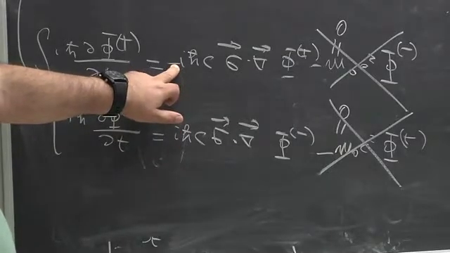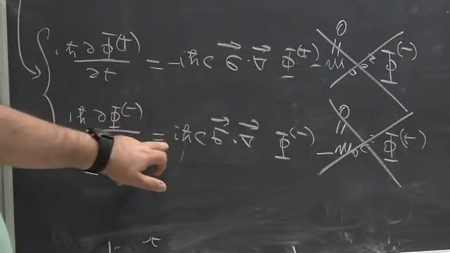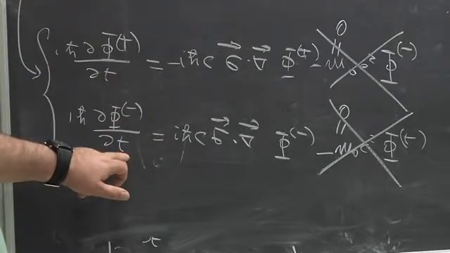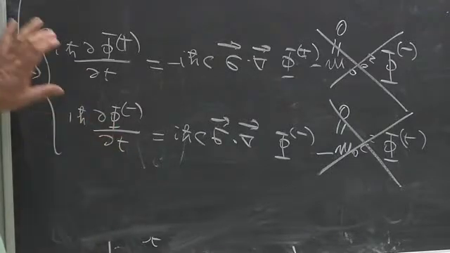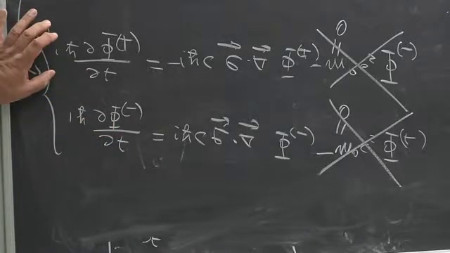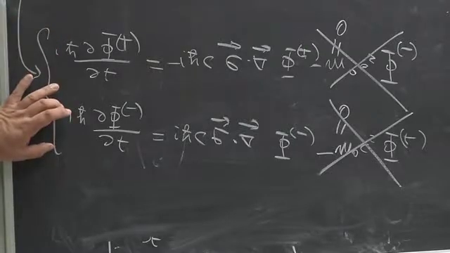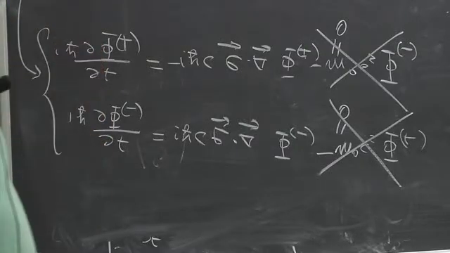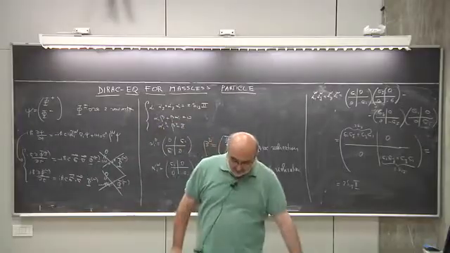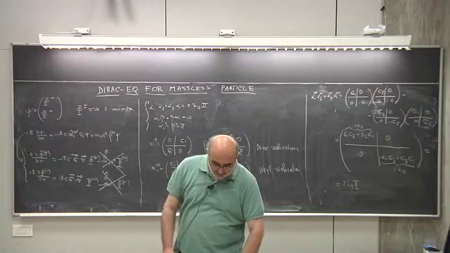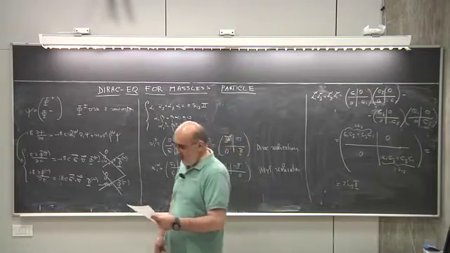Modulo this sign means one is the same as the other if t goes into minus t. So basically one equation is enough, either this or this. So in the Weyl representation, when you have no mass, the equation becomes equivalent to a two-dimensional equation.